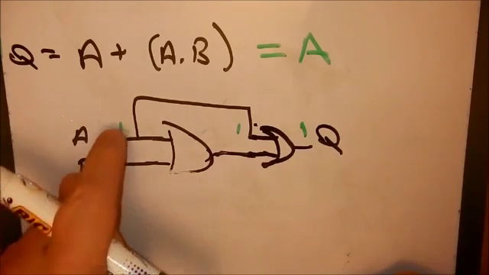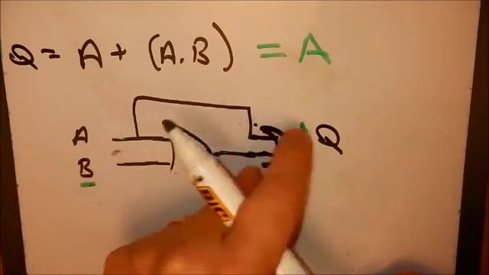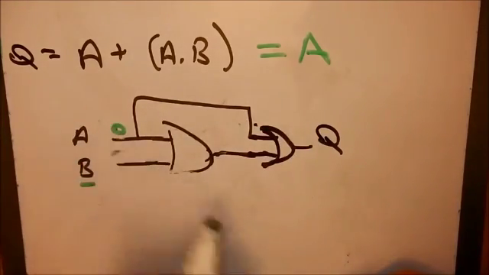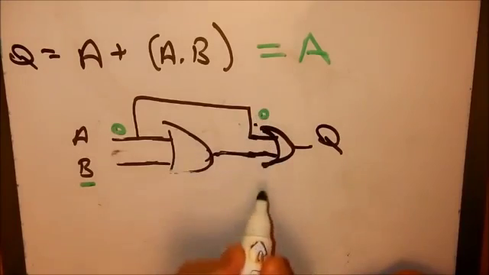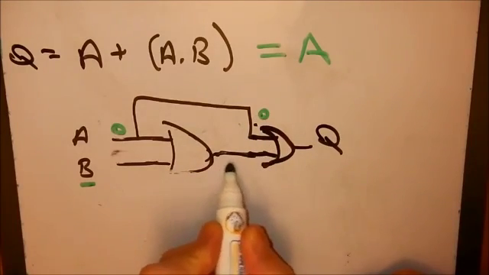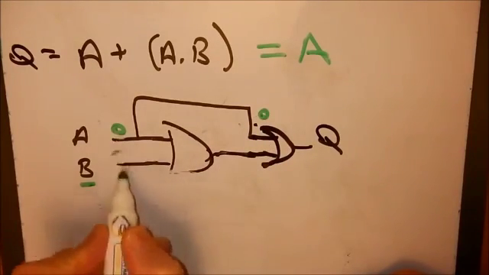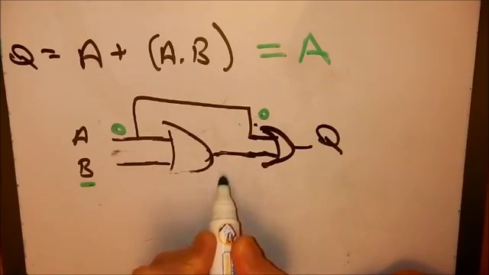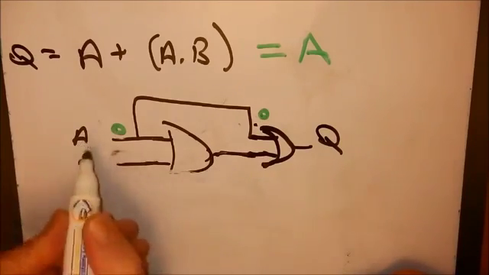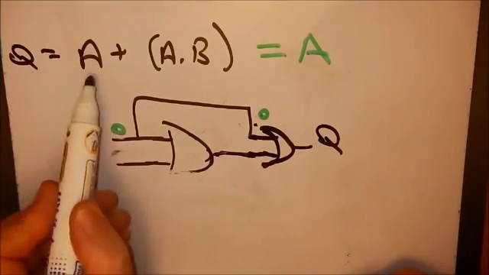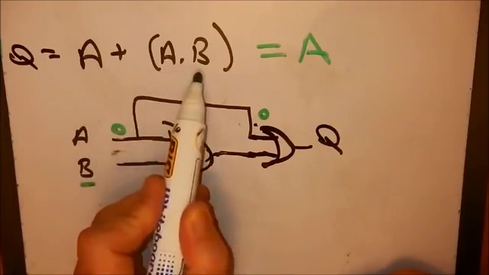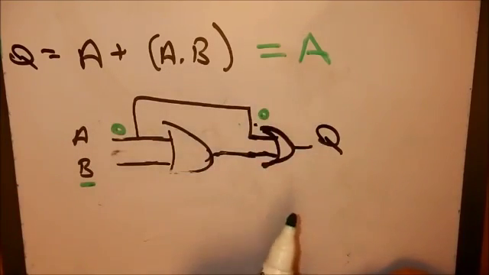Now let's consider though if A was a 0, we're going to get a 0 here, so we'd need a 1 to be coming out here. However, as this is an AND gate, we're never going to get a 1 coming out of here. Therefore we can say that A ORed with A AND B is the same as A.